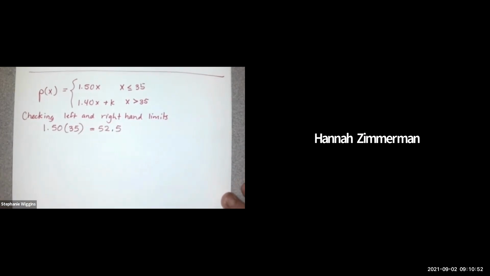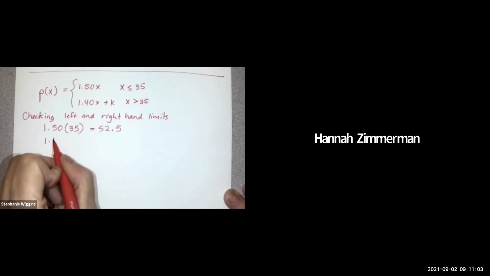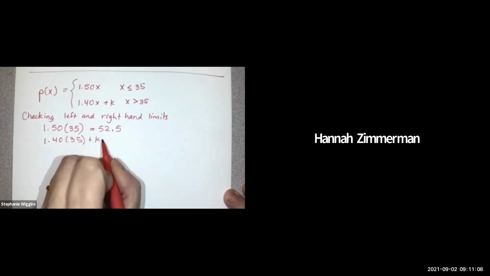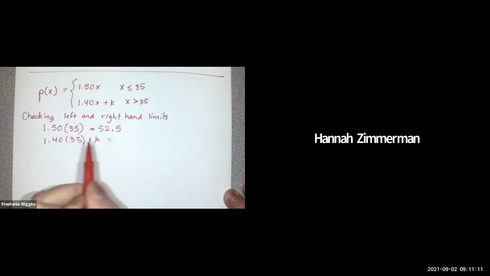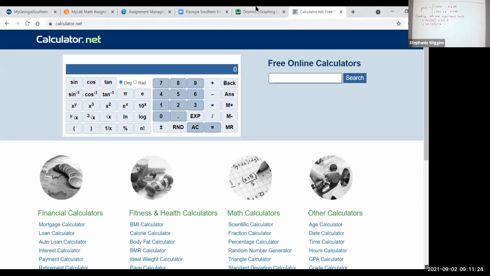And I get 52.5. Then we plug in the 35 here. And to simplify that, I think I'm just going to use my calculator. So we have 1.4 times 35 is 49.